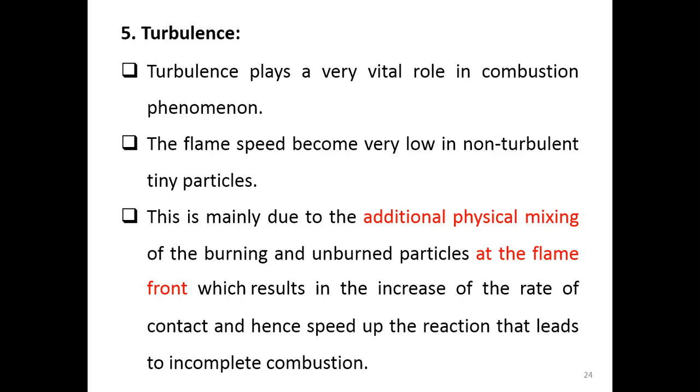Because we are going to have additional physical mixing of the burning and the unburned particles at the flame front. At the flame front, the flame travels in order to burn the fuel in front of the flame.